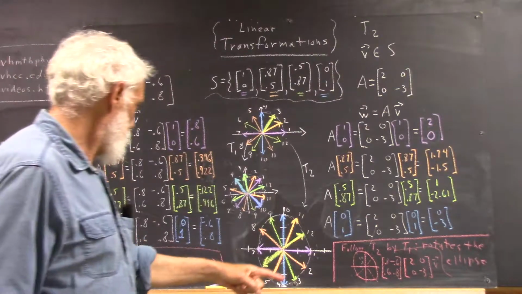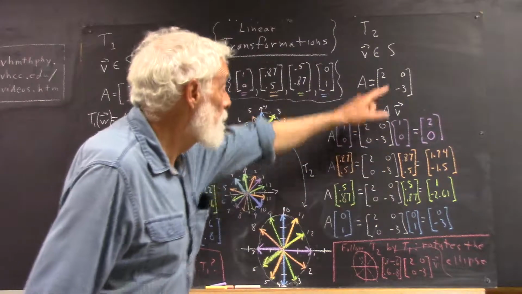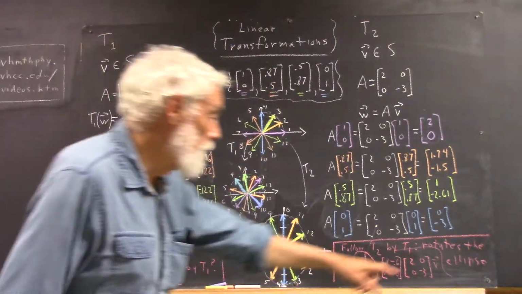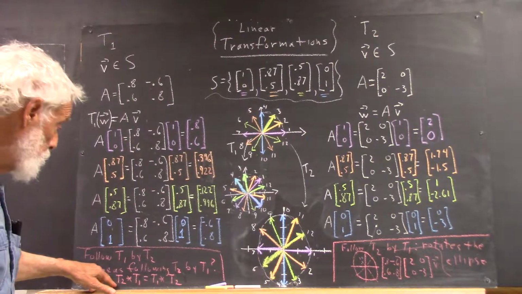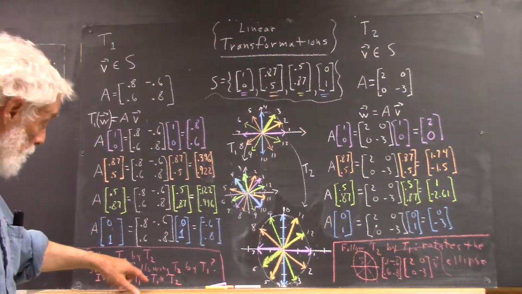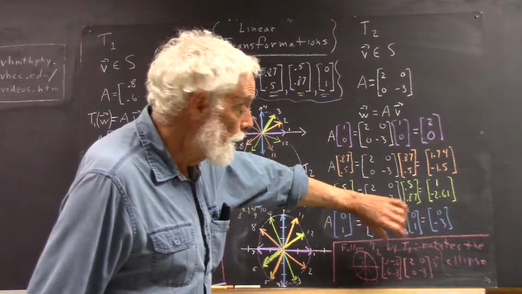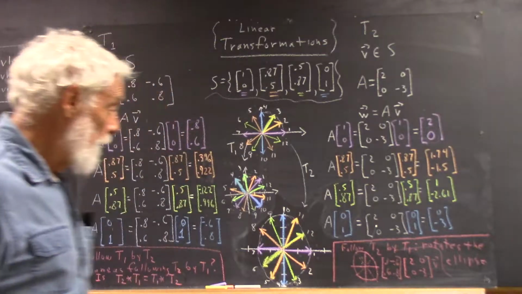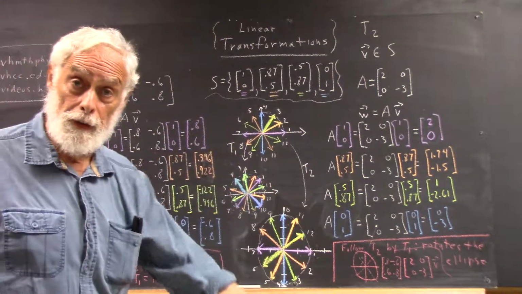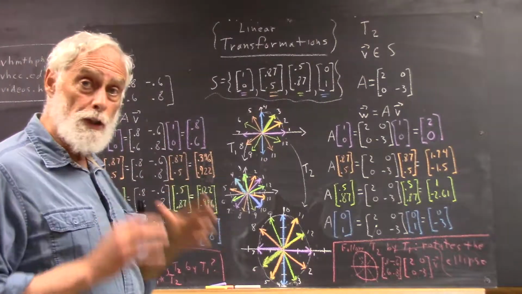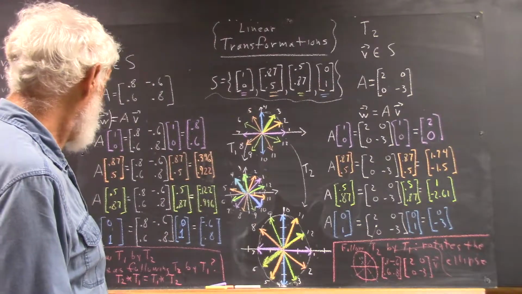So over here, we've done T1 times T2, and applied it to each vector. Over here, we would do T2 times T1 applied to the vector. So we could simply reverse these two matrices and multiply them and see if the result is the same. Now I'll give you a hint, in this case it's identically the same, but that's not generally true for matrices, it's not generally true for transformations.